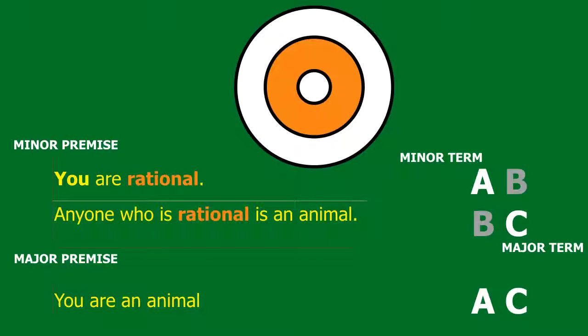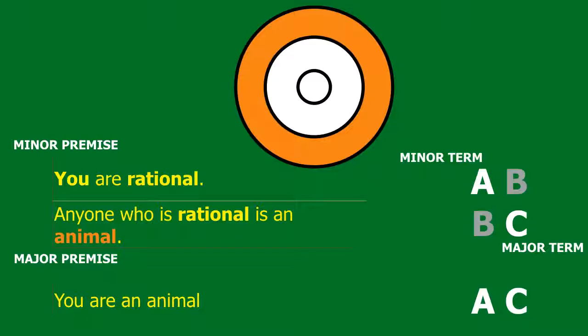And so we find that the minor term is less inclusive, less expansive in its scope than the middle term. And similarly, the middle term, someone who is rational, is less expansive in scope than animal. Rational things are one kind of animal. There are human beings, in other words.